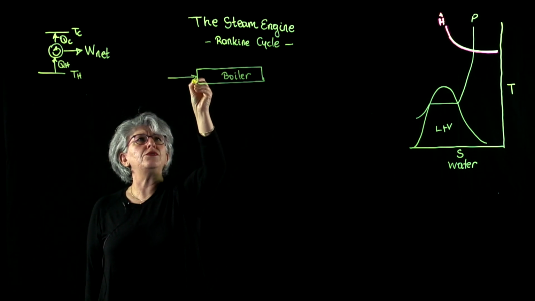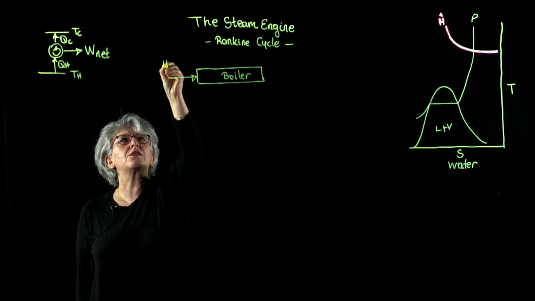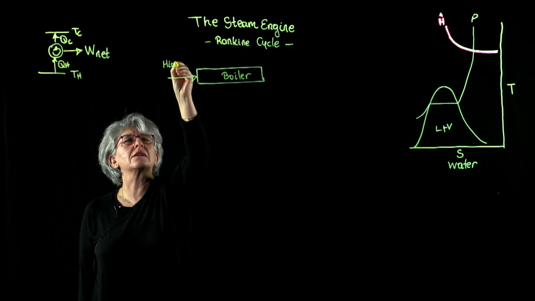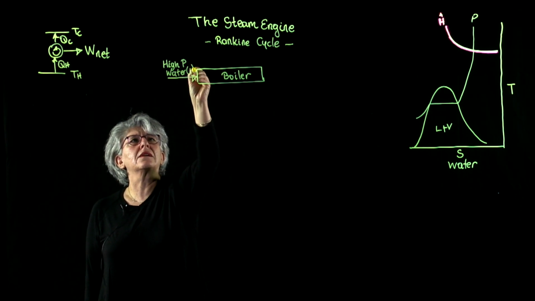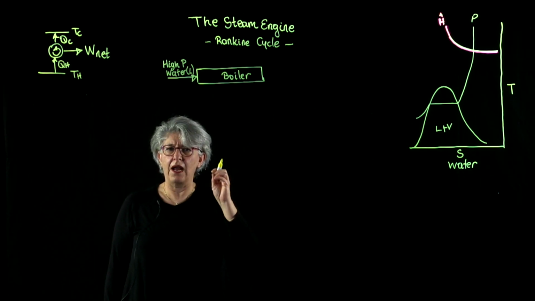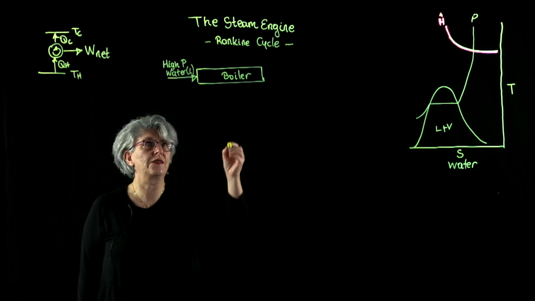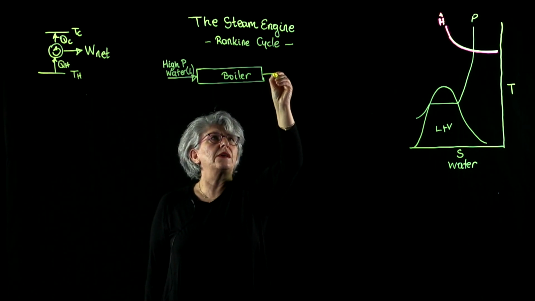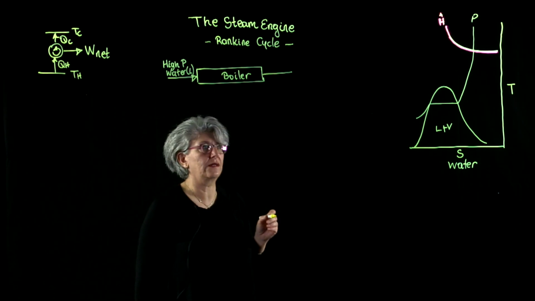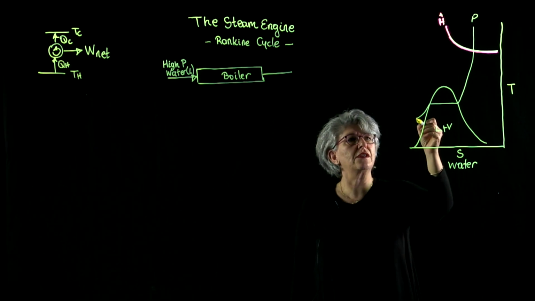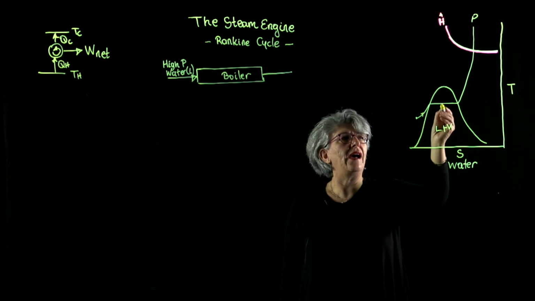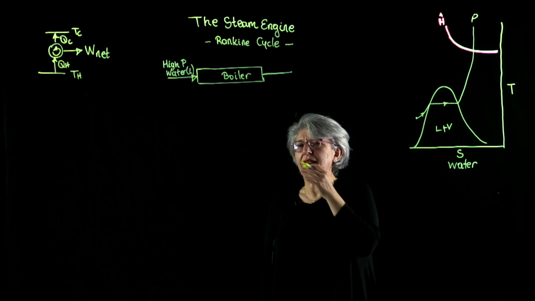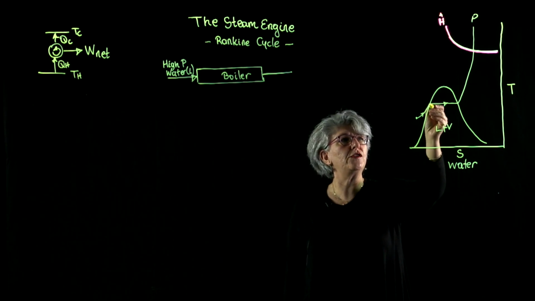Into the boiler, we're going to receive water at high pressure. This high pressure liquid, which is here, is going to have a heat transfer process where it will first boil.